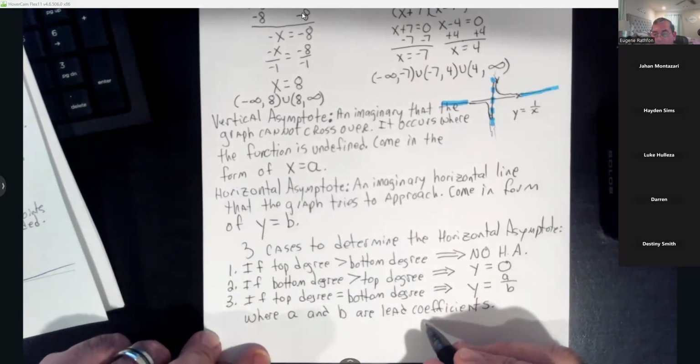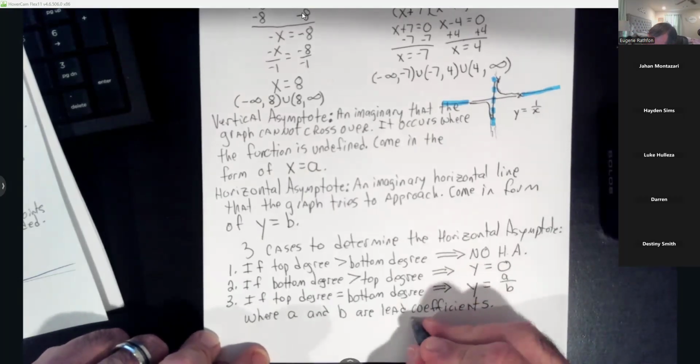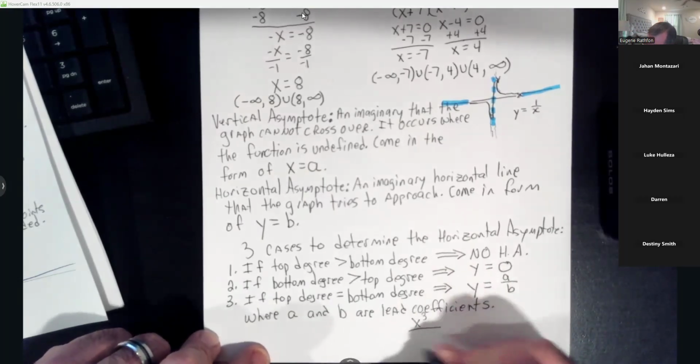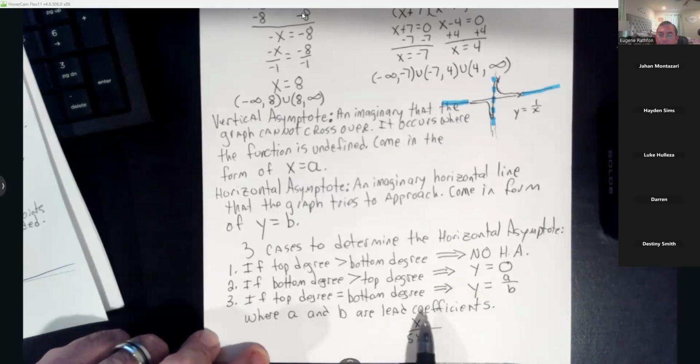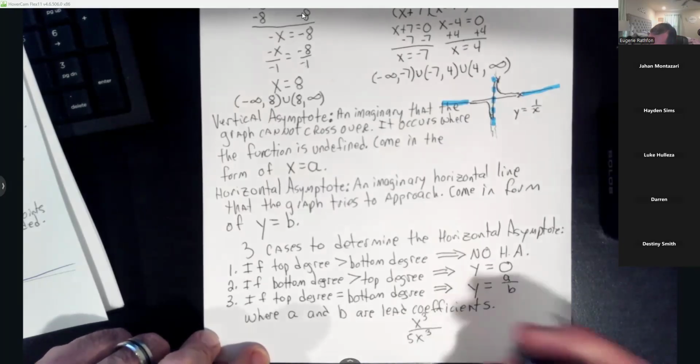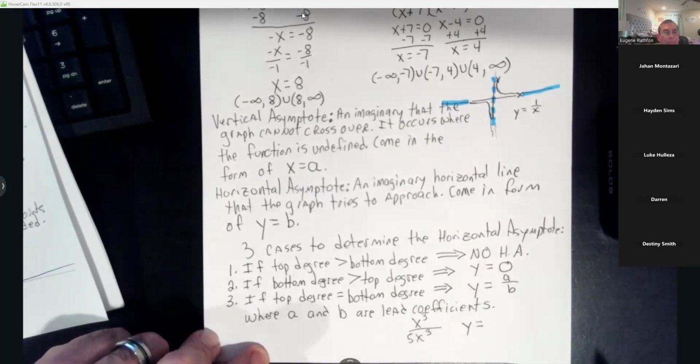So if you have say, an x cubed on top and say 5x cubed on the bottom, in this case, my horizontal asymptote would be something like y equals.